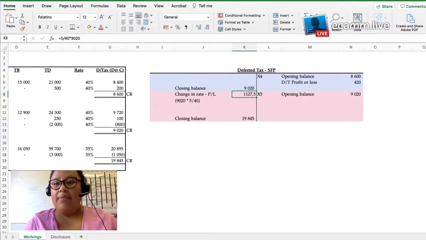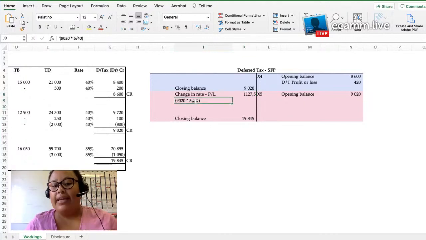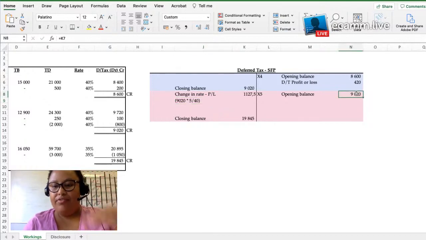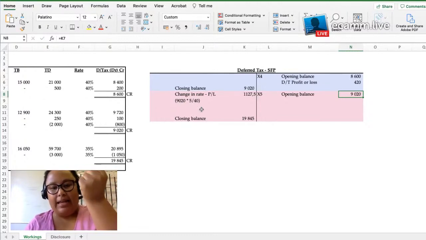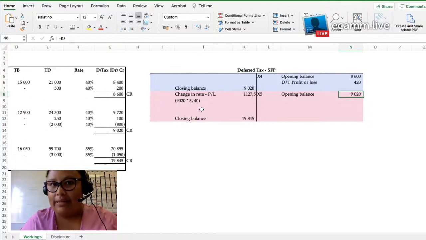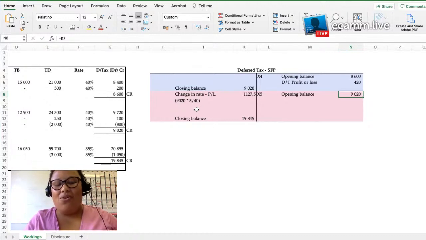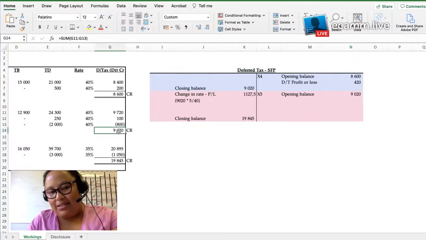Now I'm going to repeat what I did there because I know a lot of students get confused with how we get to this calculation. Just look at what we're doing. We've got the balance of 9020, which was the opening balance of deferred tax. If I take the balance and divide it by 40, what am I doing? I'm actually calculating all the temporary differences, because to get to that balance, I multiplied all of the temporary differences by the tax rate.